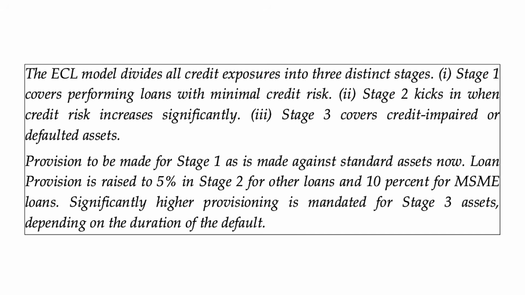Provision to be made for stage 1 is as made against standard assets now, like whatever we are doing for the standard assets. Loan provision is raised to 5% for stage 2 and 10% for MSME loans. Significantly higher provision is mandated for stage 3 depending on the duration of the default. So this is how the framework is going to work.